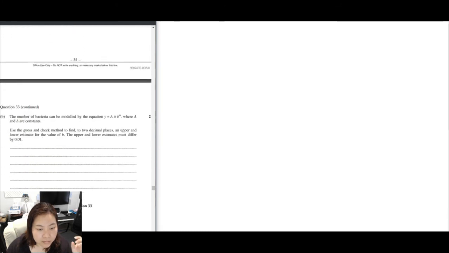B. The number of bacteria can be modeled by the equation y equals a times b to the n, where a and b are constants. Use the guess and check method to find to 2 decimal places an upper and lower estimate of the value of b. The upper and lower estimates must differ by 0.01.